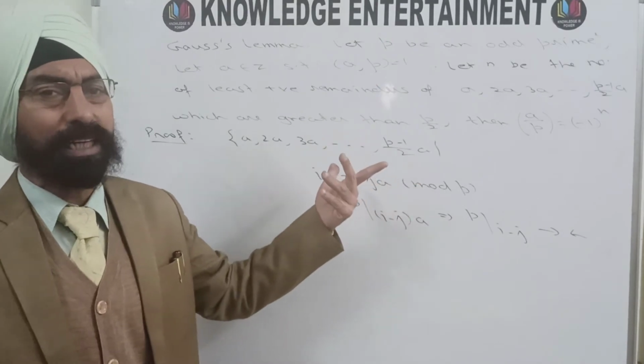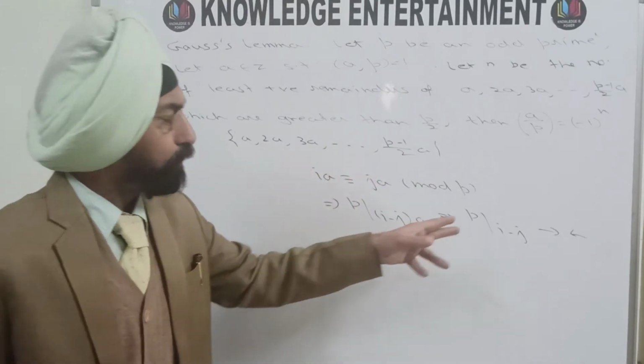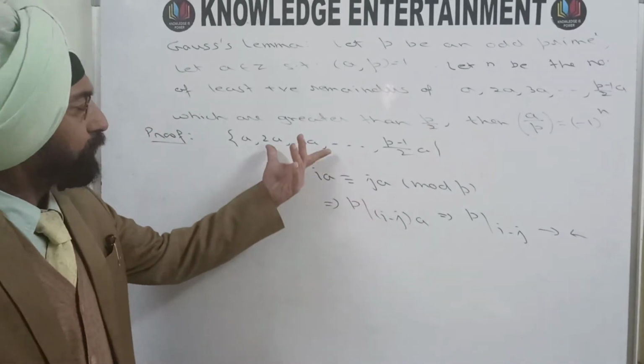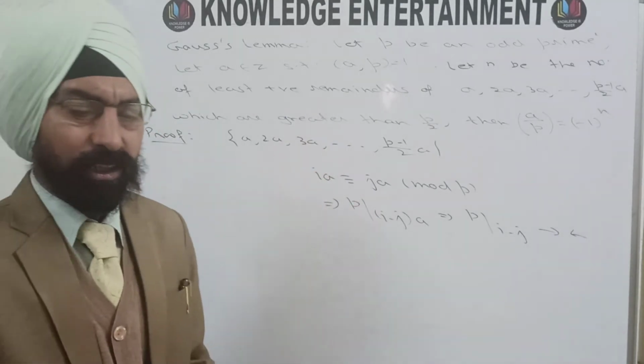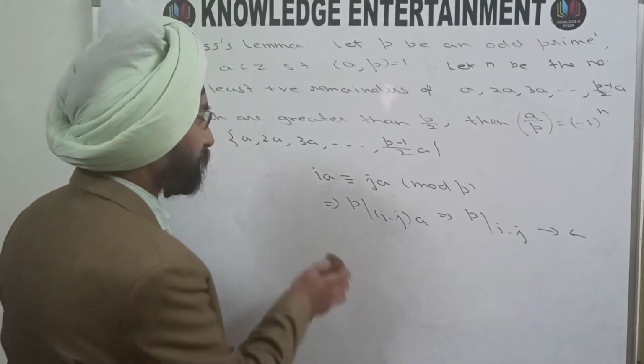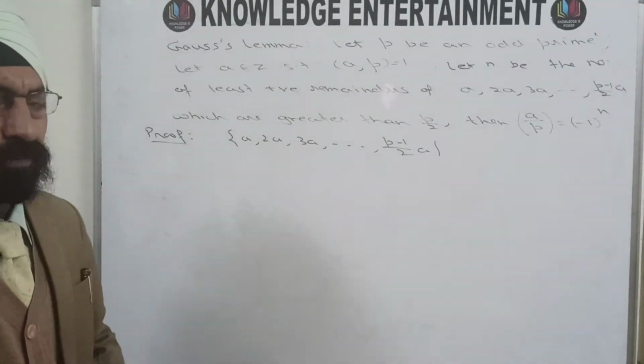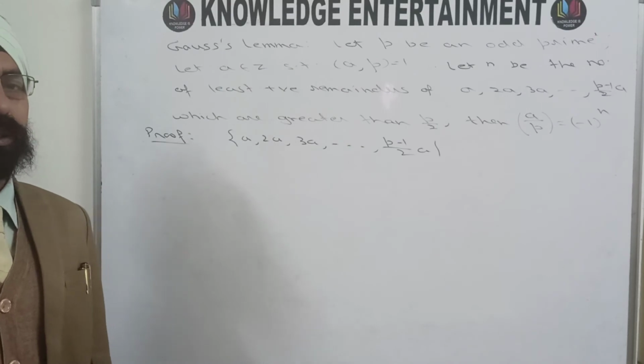So their difference must also be less than (P minus 1) by 2. And P cannot divide a number which is less than (P minus 1) by 2. So this is a contradiction. That means no two members of this set are congruent to each other. This is the first thing.